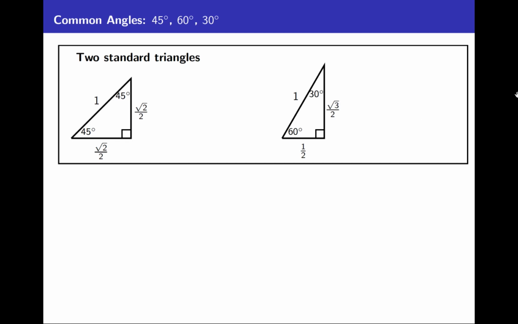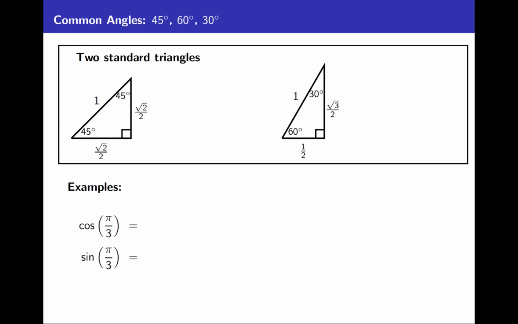Now, if you remember these two triangles, and even if you forget them, you can always recalculate them with the Pythagorean theorem, as we did here. If you remember them or can work with them, then that's the key to figuring out sine and cosine of a lot of different angles.